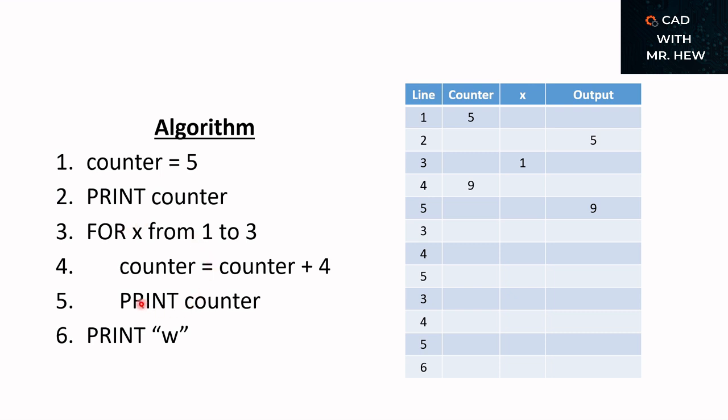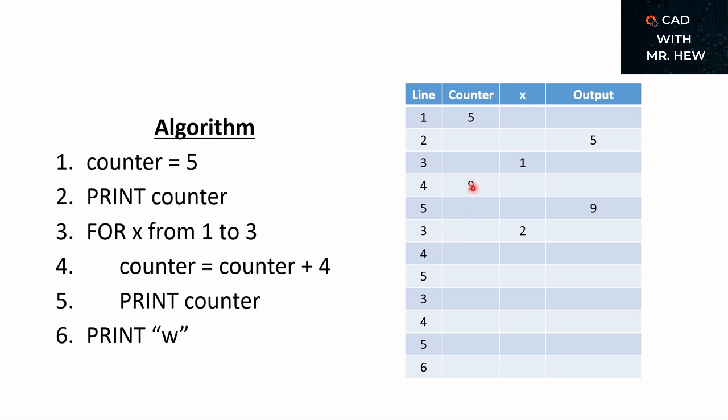Now we're in the loop, and X is 1. So it's going to repeat and come back up and go through the loop one more time, right? When we're at line 5, it will go up to line 3, and x now would be 2, as shown here. So in line 3, x will be 2 on the second pass through the loop, right? And here now it's going to come from 3 to 4, because they're in the loop. So counter is equal to counter plus 4.